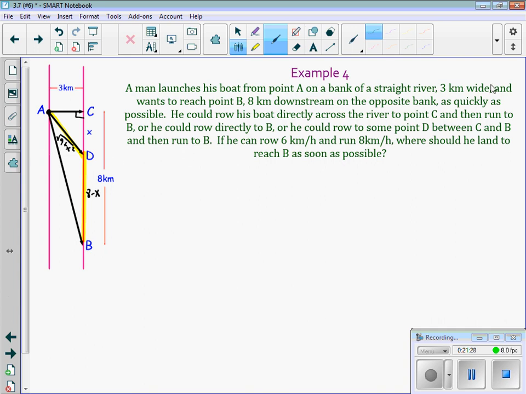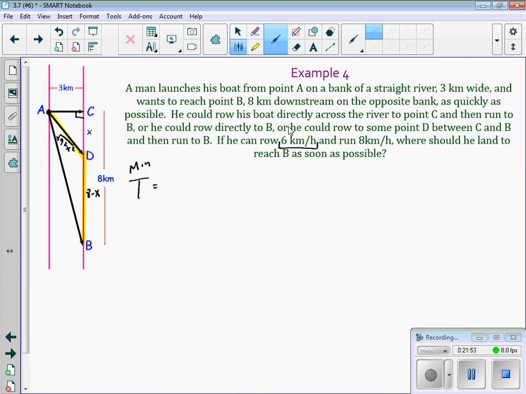Okay, and we are trying to get across as quickly as possible, so we're trying to minimize our time. So we've got to find a time equation. It tells us how fast he can row. So what is this? Is this a time?